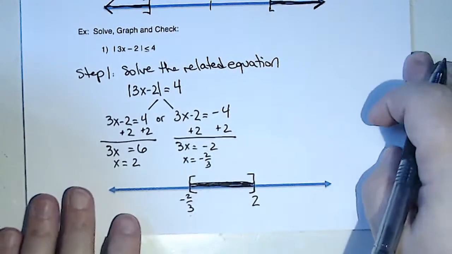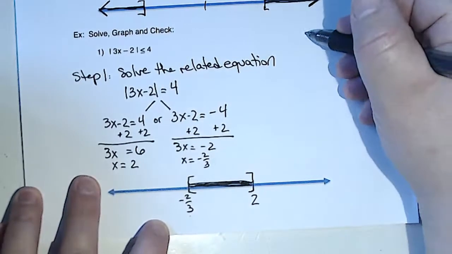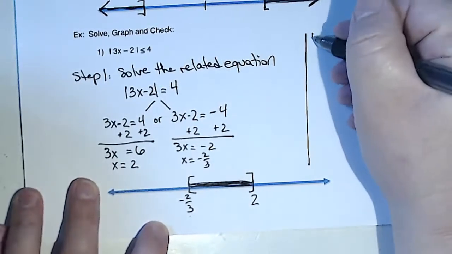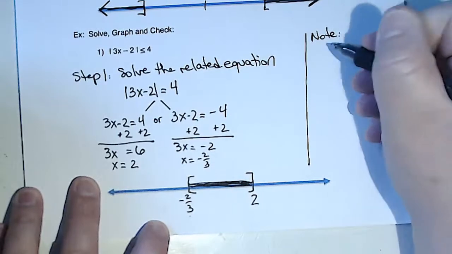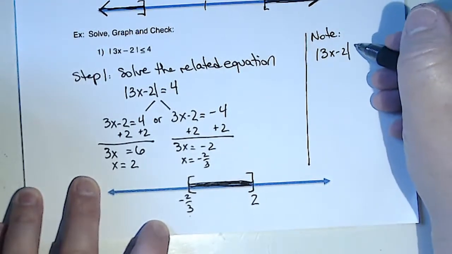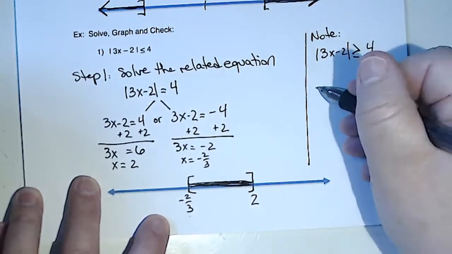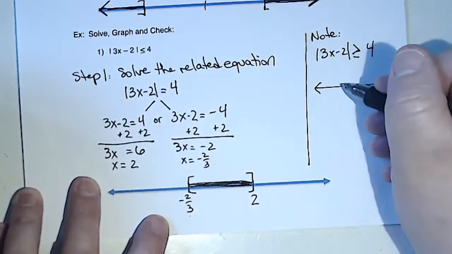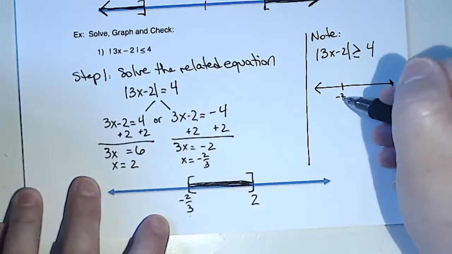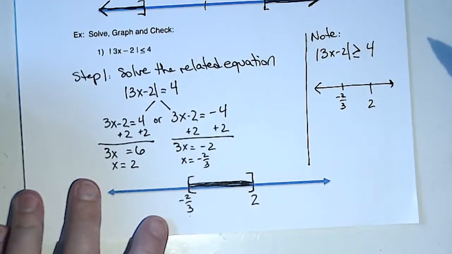Now, note where I have no room for a note. I'm going to put it right over here. Note. If I had said 3x minus 2 in absolute value is greater than or equal to 4, I would do all the same work. I'd end up with -2/3 and 2. And where would I go with this?